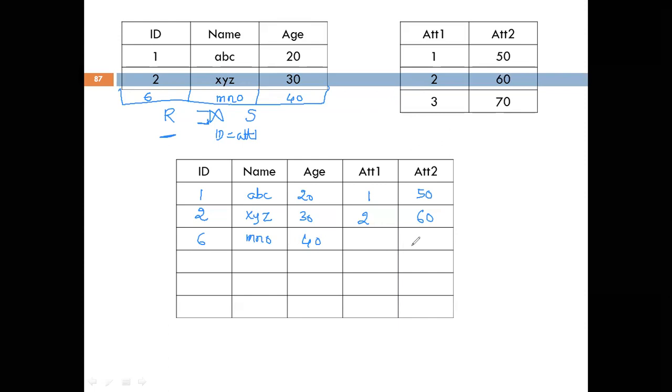But there is no matching ATT1 and ATT2 on the other side. So these values will be filled with null, or we can say it is blank. So this is the left outer join where all the tuples from the left side of the relation will appear and only the matching tuples from the other side will be retained. And if there is no matching, then that particular place will be filled with null value.